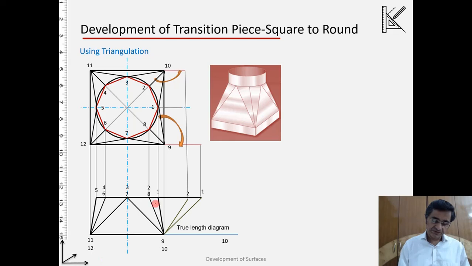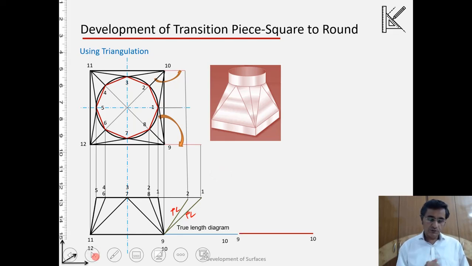So point 2 shifts here, this point 2 shifts here, and this gives me the true length. So these are the true lengths, and I need only these two true lengths, because with these true lengths, all the faces can be defined. Okay. Well, once we know it, then we'll start development.